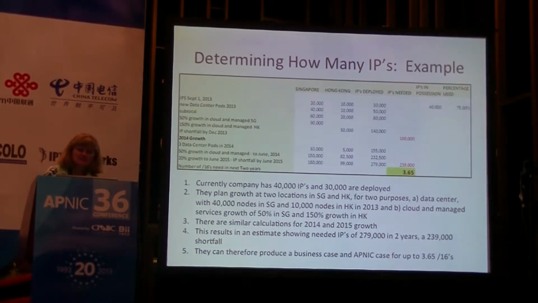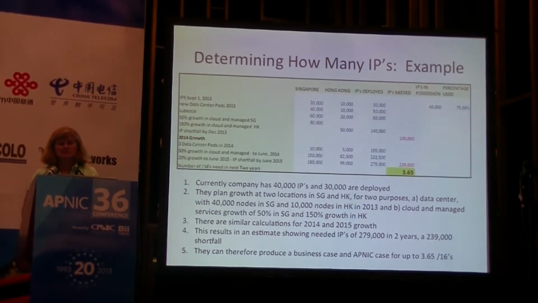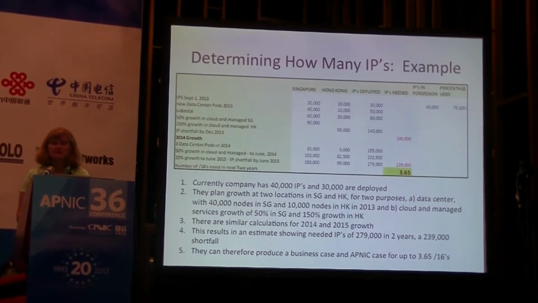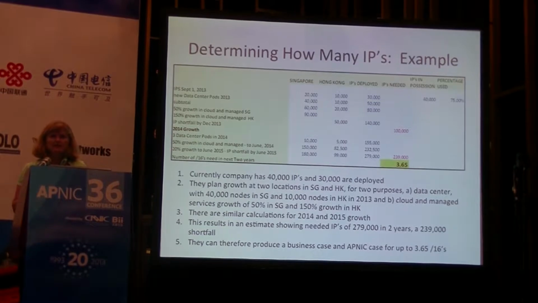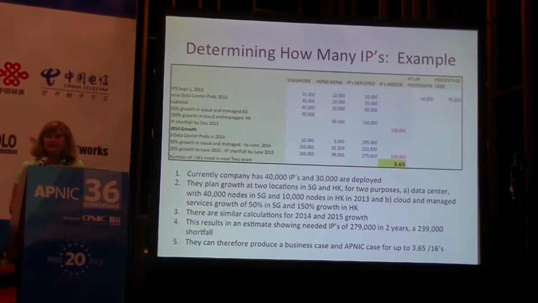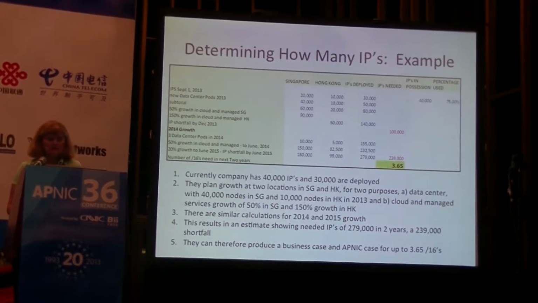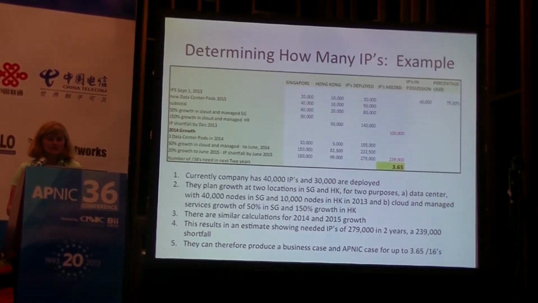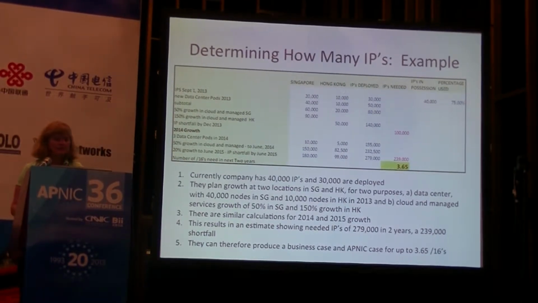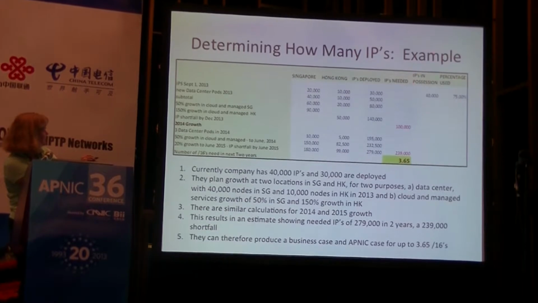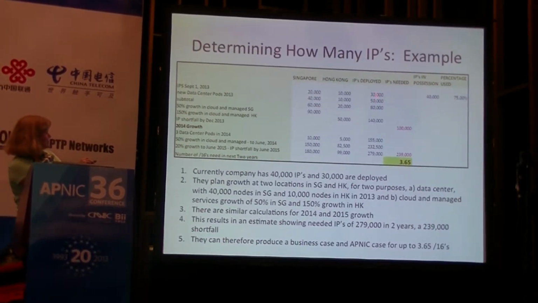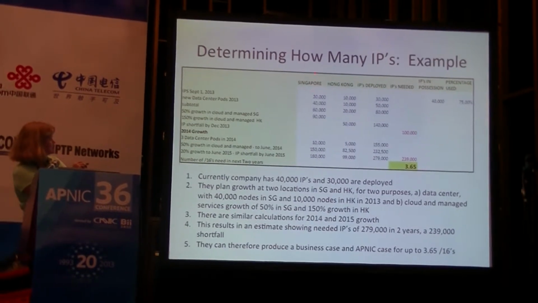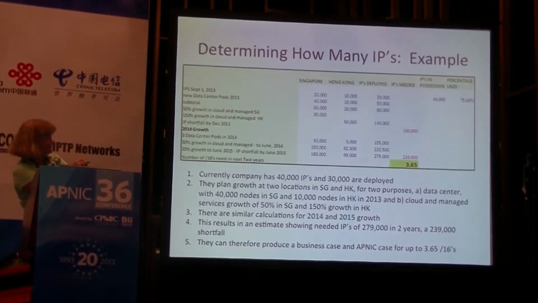Okay, and this example is a little bit hokey as any example is, but it shows the kind of numbers you would try to run through. And anything when you look into the future is you're estimating your needs. But hypothetically, here's a company and they have 40,000 IPs today. So that's this number right here. And they're using 30,000 today. And they have 2 data centers, one in Singapore and one in Hong Kong.